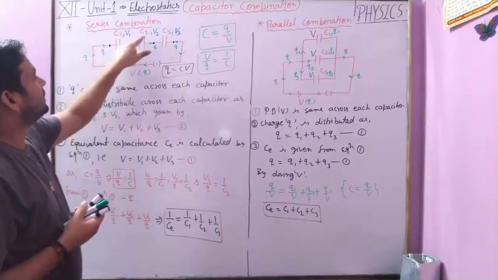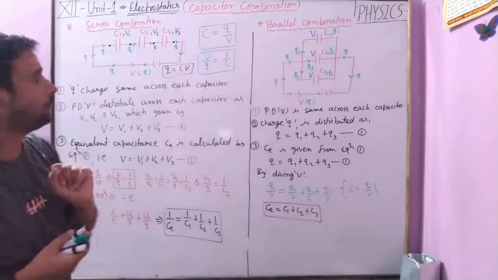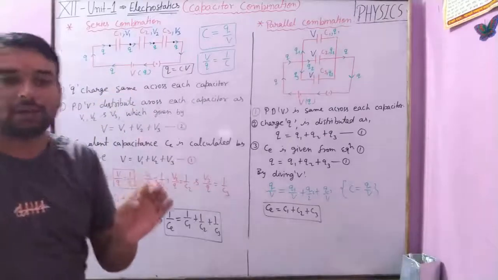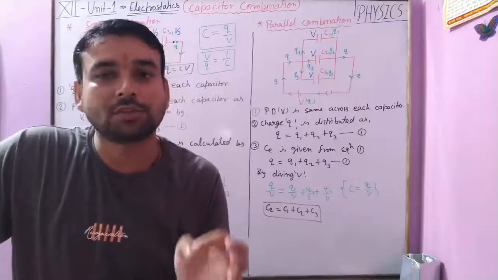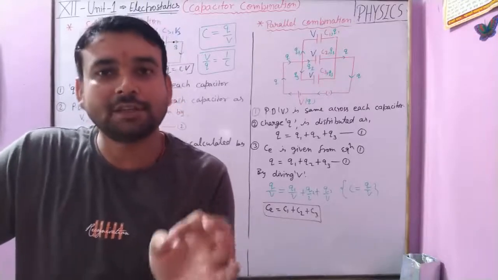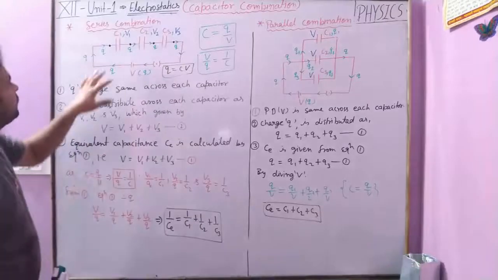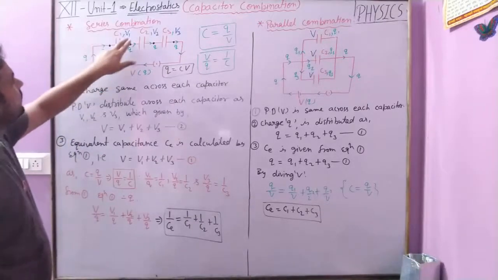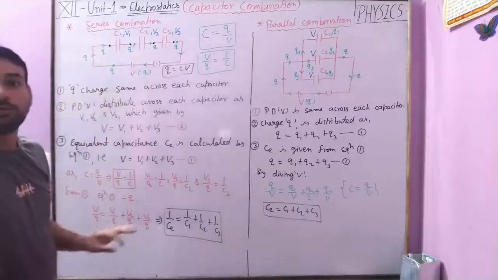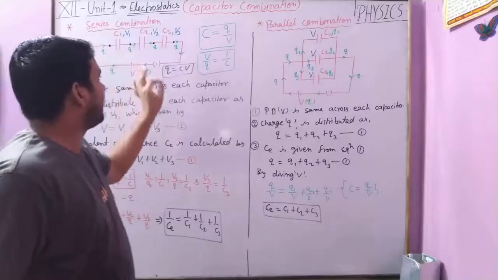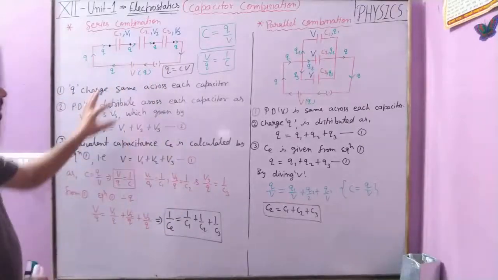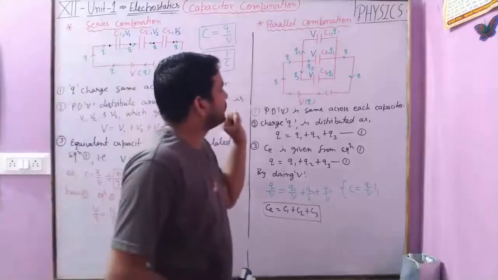So C1, C2 and C3 have the same value of charge, but the potential will be distributed, because you know that a capacitor is a device to store charge as well as energy, and the energy is stored in the form of potential. So let V1, V2 and V3 be their potential differences after distribution of the potential V of the battery. This is about the series combination.